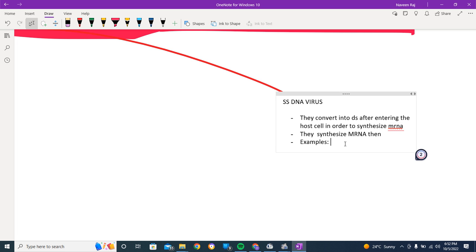The examples include parvovirus, yes, that was parvovirus, and we have the mild rash virus.